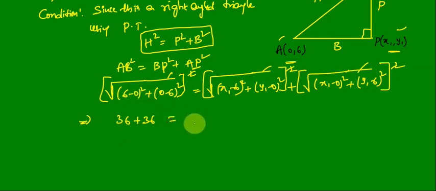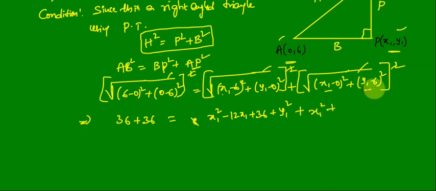Next on the right hand side, if you observe, (a minus b) whole square formula, I'll expand this. This will become a square, then minus 2ab, 2 times 6 are 12, plus b square is 36. Similarly here y1 minus 0 is y1 only, y1 square, plus here also x1 minus 0 is x1, x1 square.